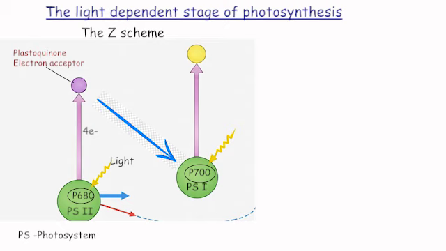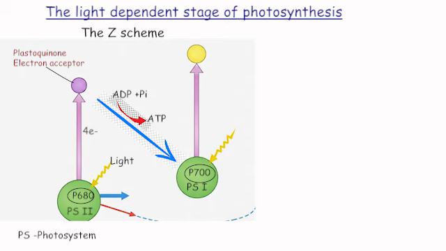As the electrons move from one electron carrier to another, they keep on losing energy, and the energy that is lost here is used to combine ADP and an inorganic phosphate to form ATP, a process called phosphorylation. But since it requires light, it is called photophosphorylation.